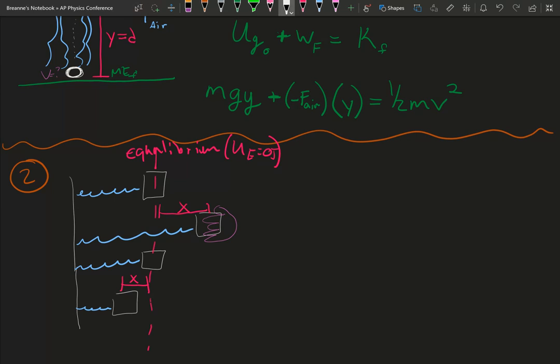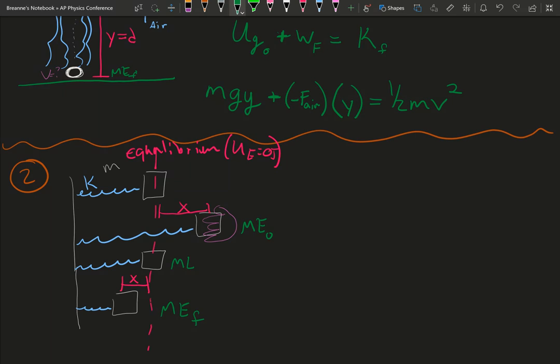And we do have some type of mass, and we have a spring constant. So this would, again, be our mechanical energy before, and this would be our mechanical energy after, so final.